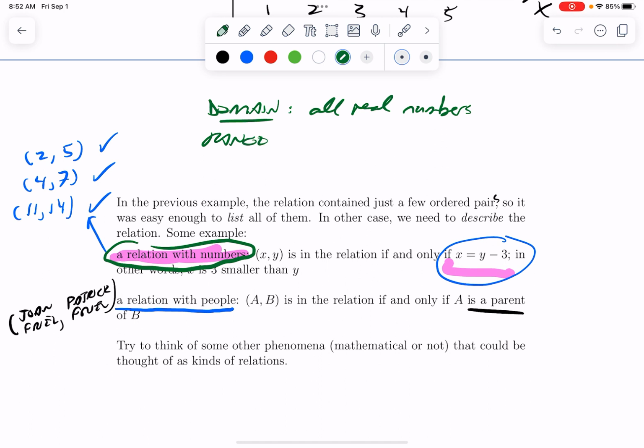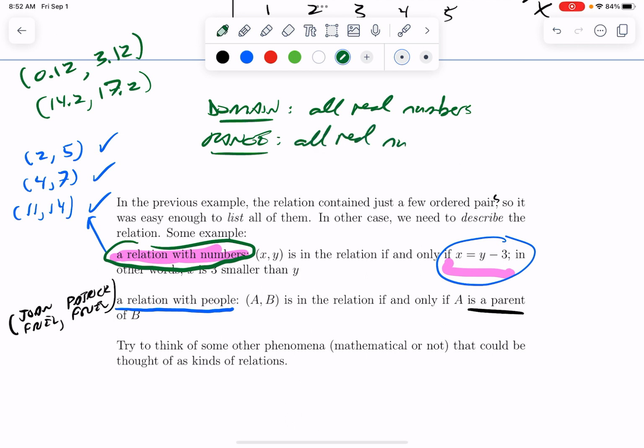And the same for the range. Any number you're thinking of theoretically could go second, right? 17.2, yeah, 17.2 could go there, and 14.2 could go in front of it. Same with domain. Pick your favorite number to be in the domain, 0.112, and 3.112 would go with it. So here, domain and range are all real numbers.